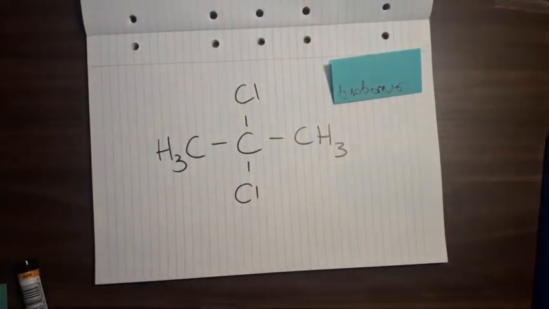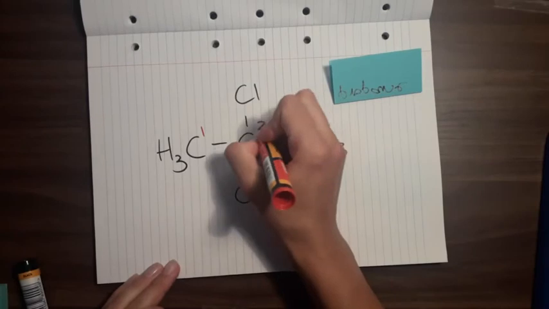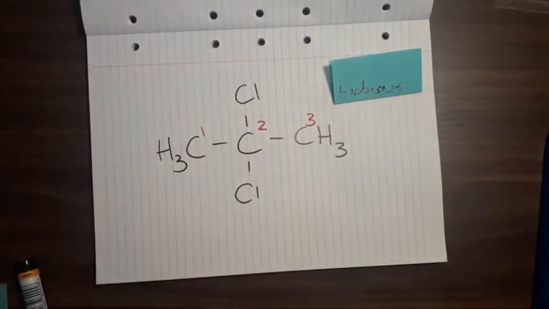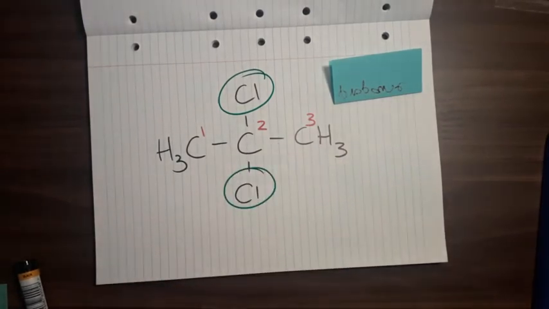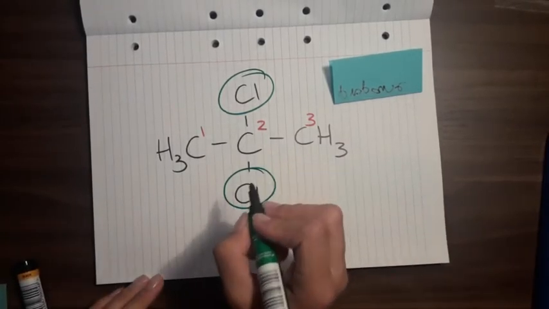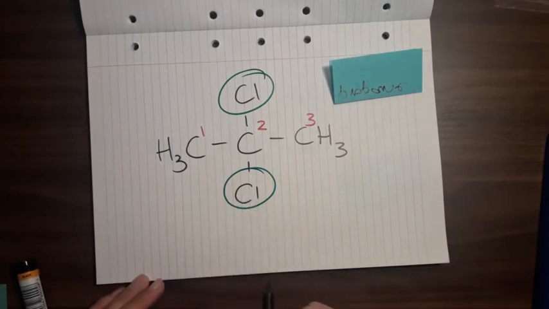Here we have another one, similar to before, so we've got propane. 1, 2, 3 carbons in the parent chain. We've got 2 chlorine groups coming off carbon number 2. So it's a little bit different from before. We don't have a chlorine and a fluorine. Here we have to say that we've got 2 chlorines, both of them on carbon number 2.